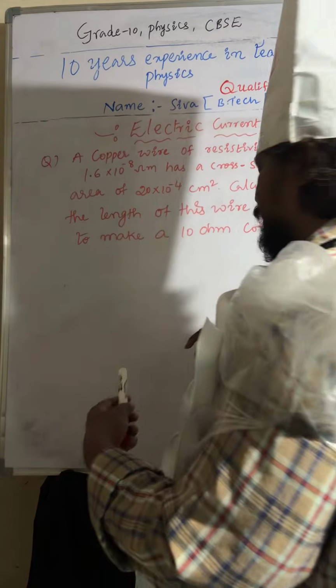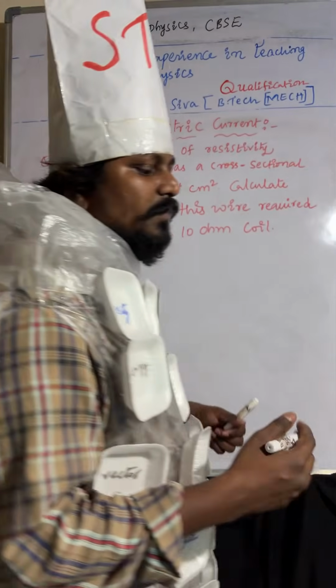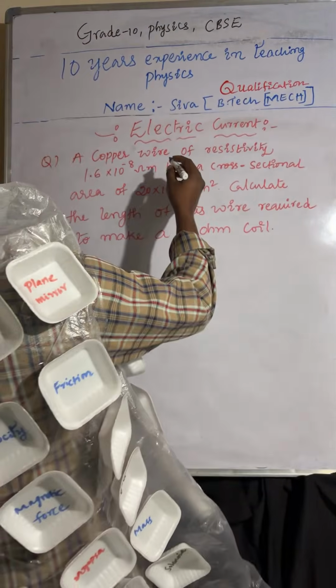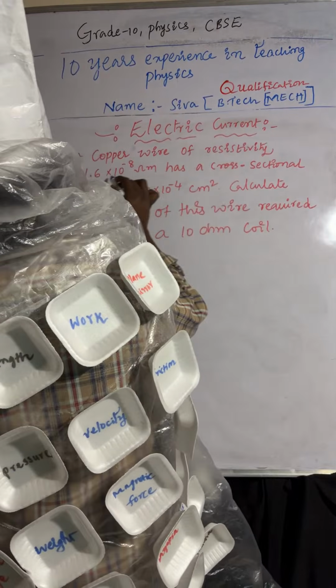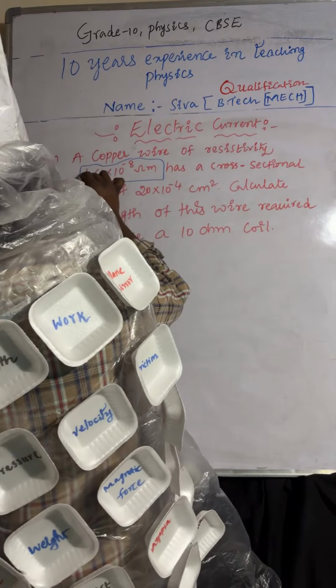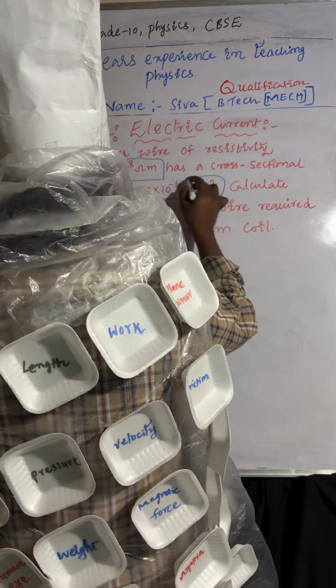The question is very simple. A copper wire, resistivity is given, and the cross sectional area is given.